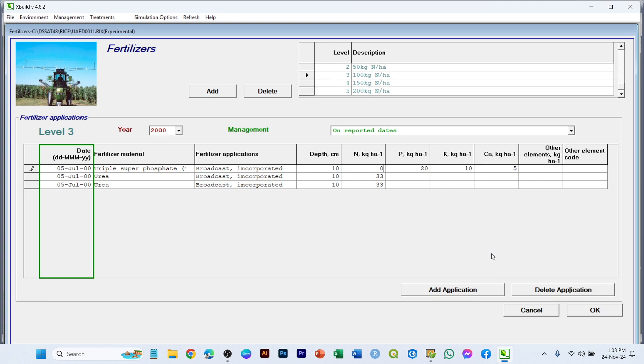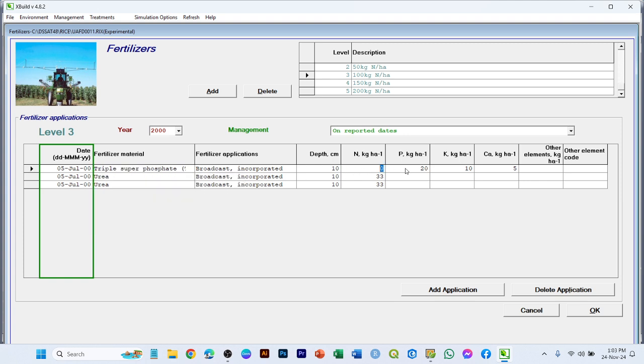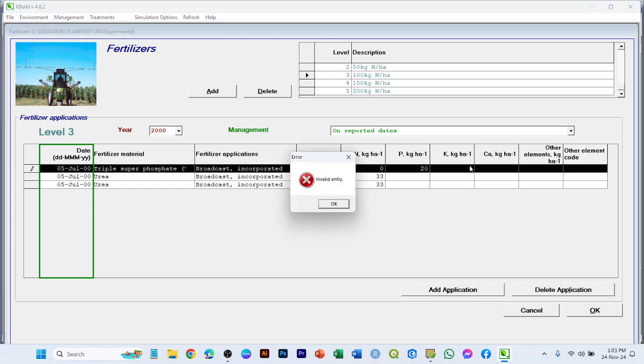So again, if you have to go with phosphorus only, for example, you have to add an application with the same date.